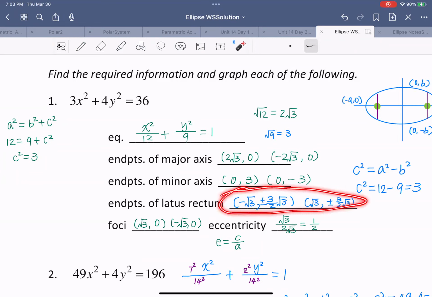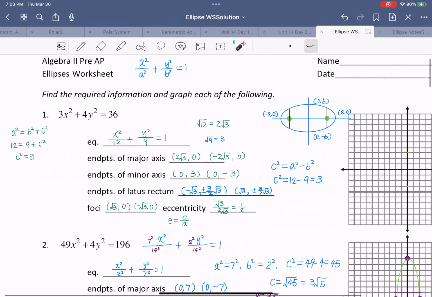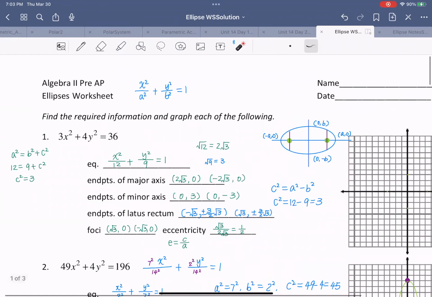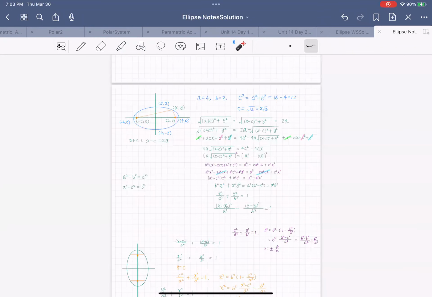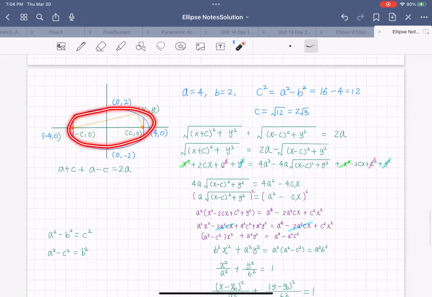A new term. This is called the latus rectum. The latus rectum is defined by this. You have the ellipse. You have the two foci.